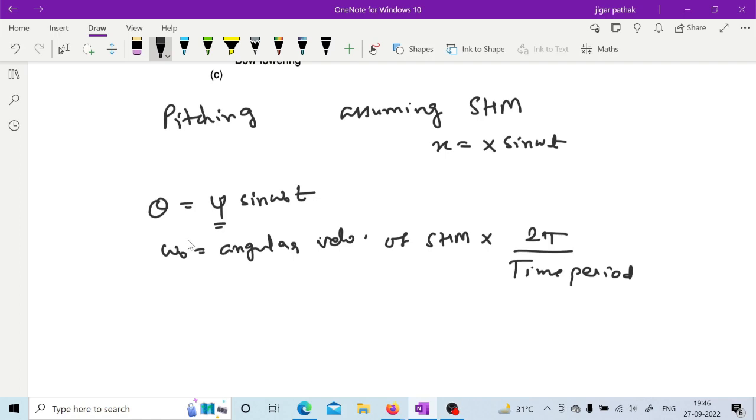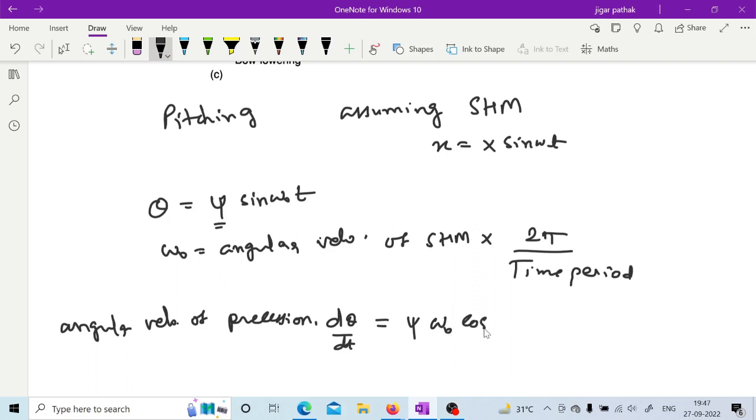Once you have this displacement, from that you can go for the angular velocity of precession, that is d theta by dt. d theta by dt you can directly write as phi omega 0 cos omega 0 t, right?